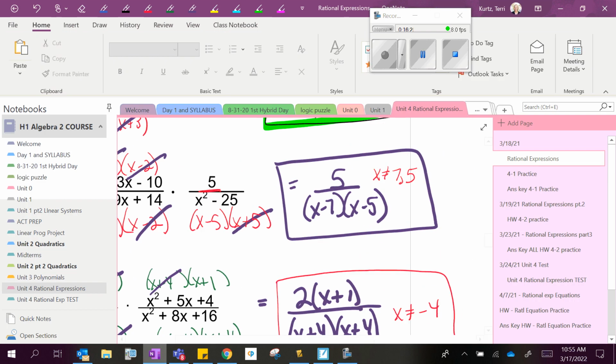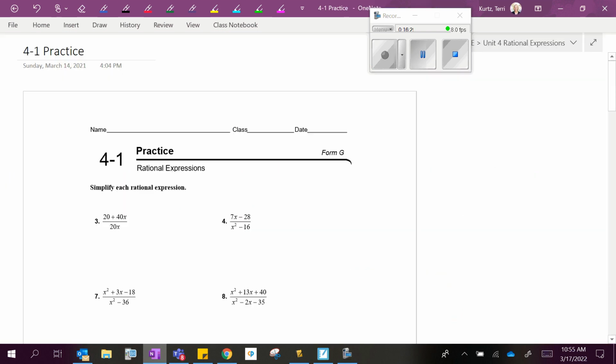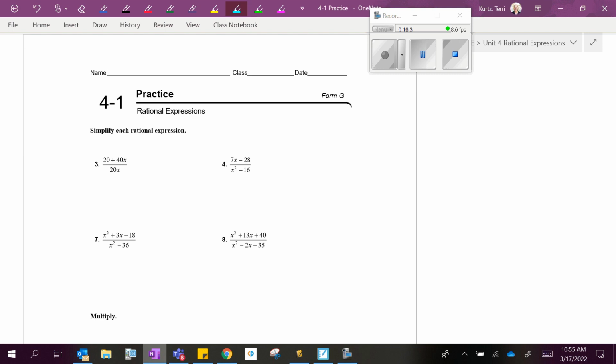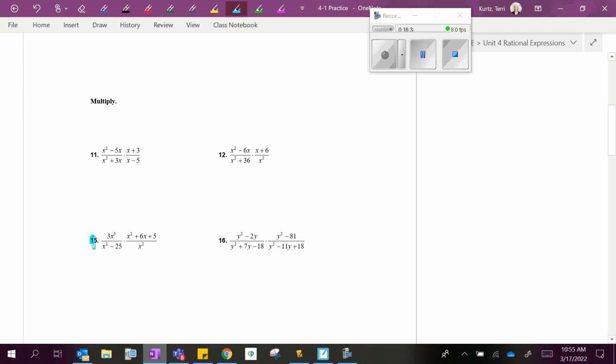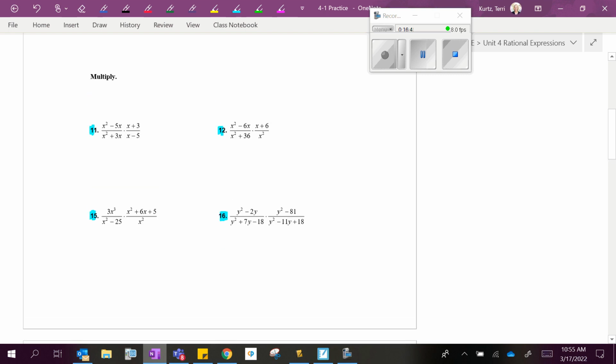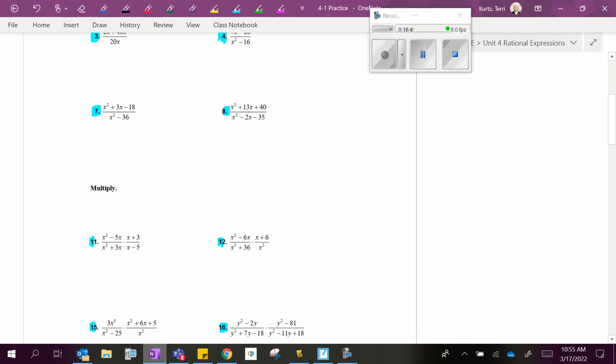Let me show you guys. So 4-1 practice. I want you to just simplify these and multiply these. Okay, and we will go over this more when we're all together on Tuesday.